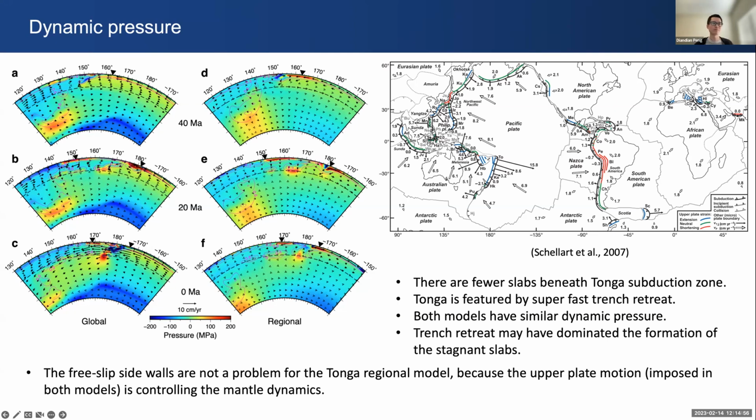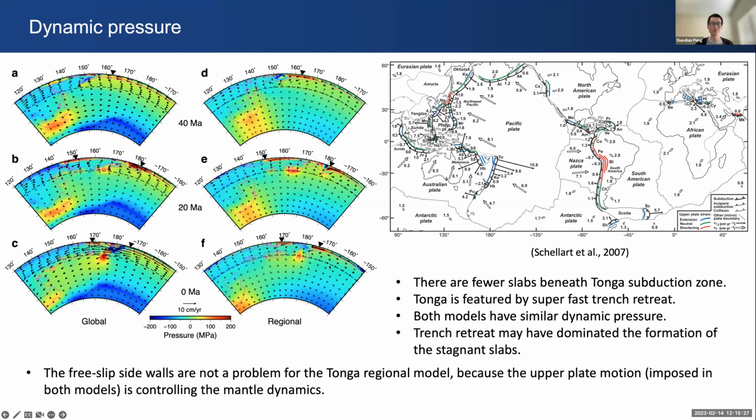From the evolution of dynamic pressure and the mantle flow, we can see that they are pretty similar between these two models. The pressure difference across the slab is not that strong, not like East Asia. So we propose that for the Tonga subduction zone, the fast trench retreat is the major reason for the slab stagnation.